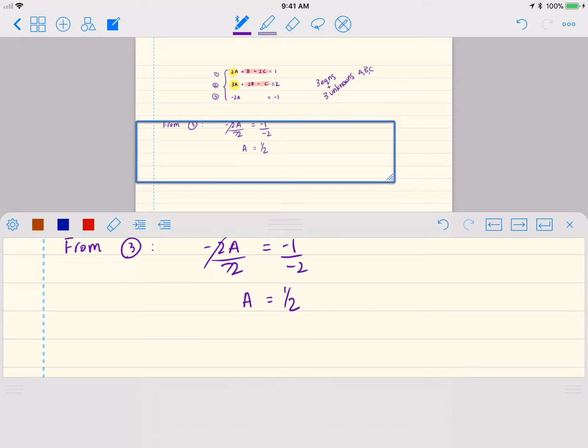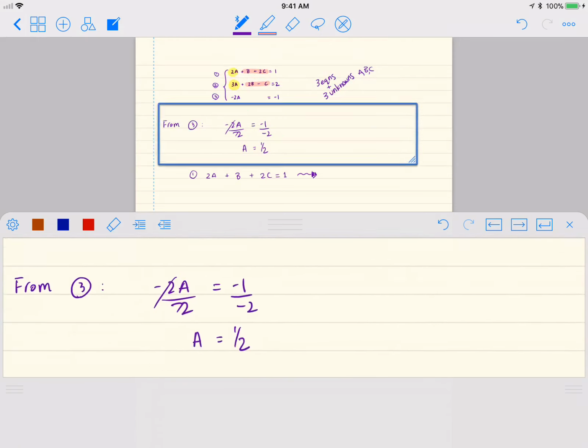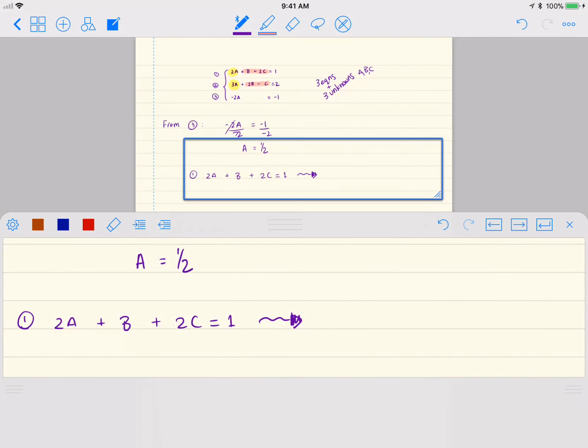So instead of 2A, this is equation 1: 2A plus B plus 2C equals 1. We're going to add the fact that A is equal to 1/2. So I have 2 times 1/2 plus B plus 2C equals 1.